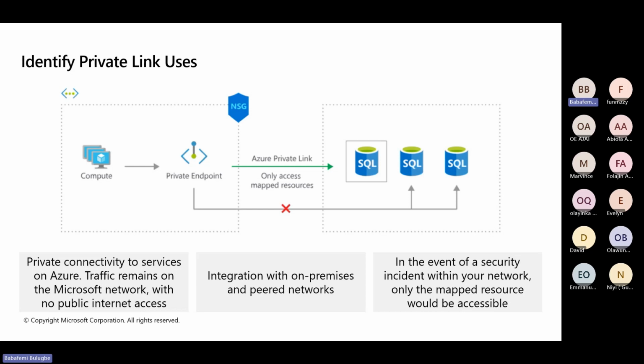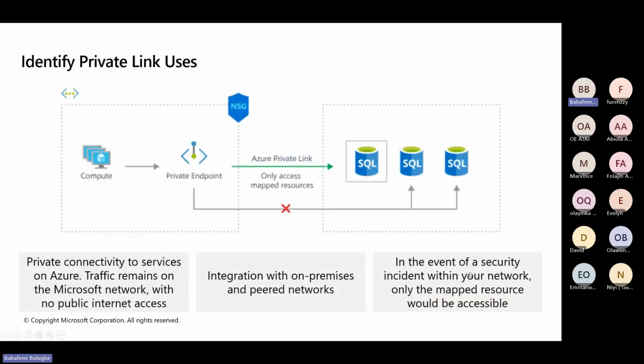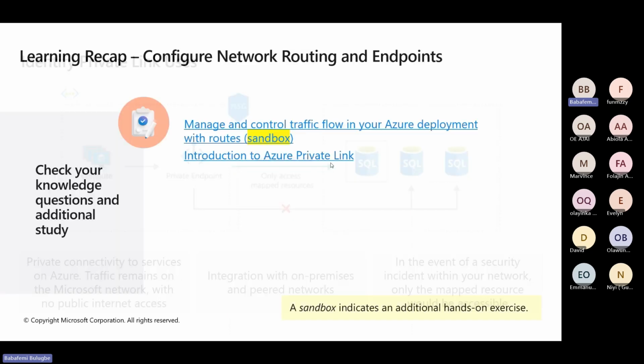When you have assigned a private link to a particular resource, people connecting from the public environment will not be able to access that resource until you take off that private link on that particular resource. So yeah, this is what is explained. You map a resource to a private endpoint, and that's what we use private link for.